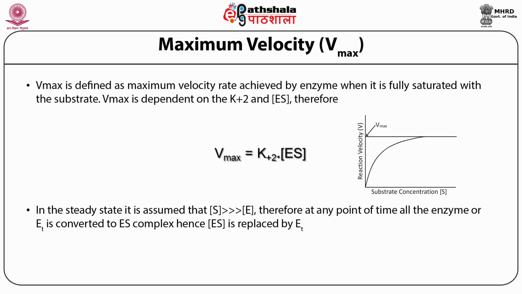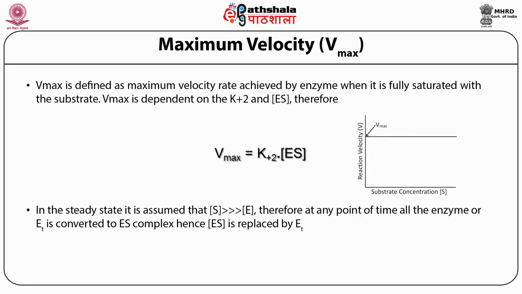It is very difficult to determine the concentration of ES complex, because it can be calculated only if you know the total enzyme concentration and the free enzyme concentration remaining in the solution. It is very difficult to determine the free enzyme concentration while a reaction is going on.